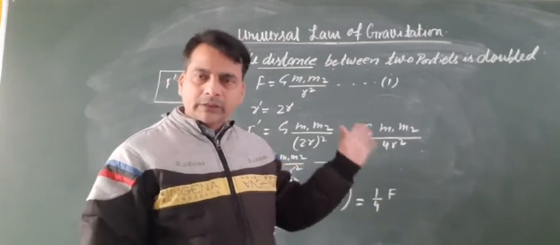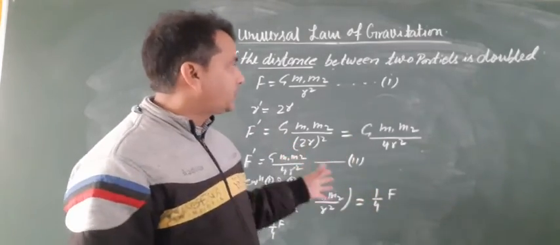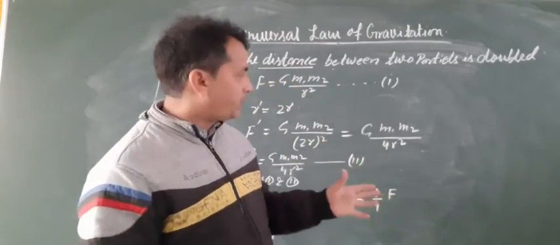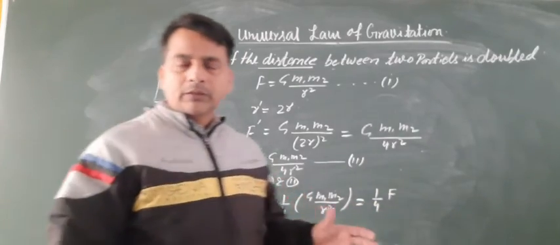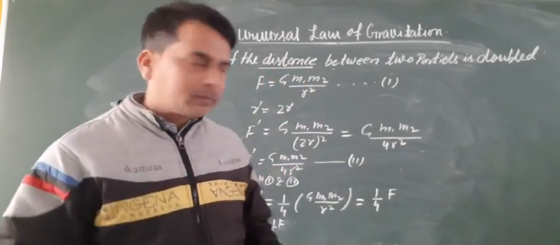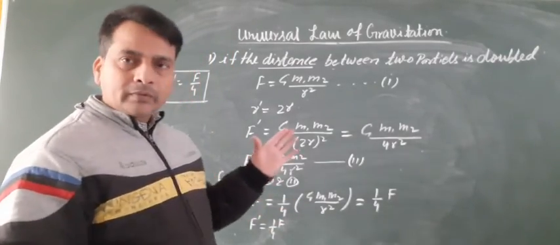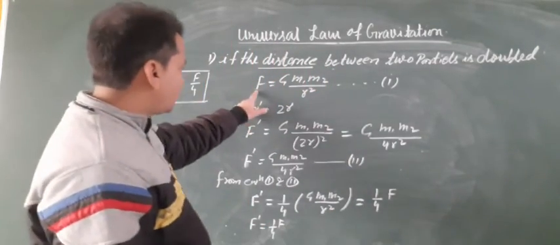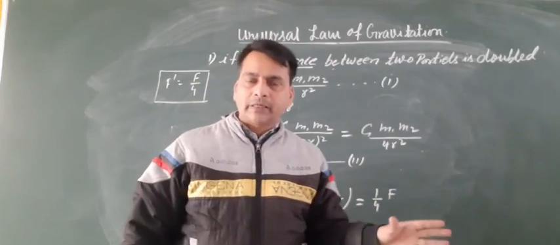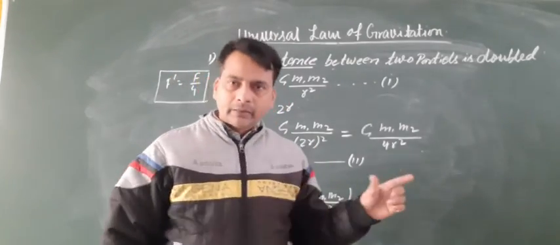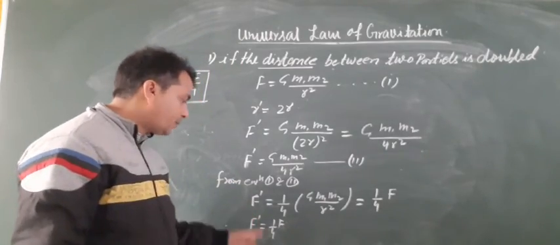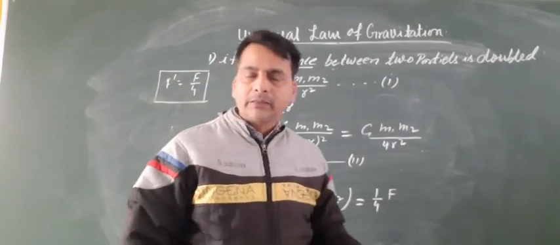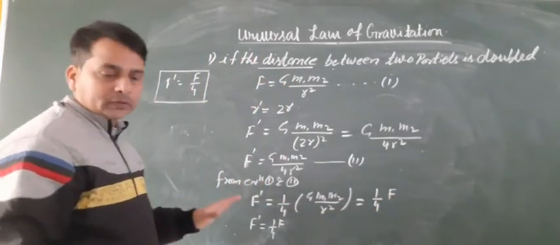So if the distance between two particles is double, the new gravitational force will become 1/4 of the gravitational force. Means if the gravitational force is F and we double the distance from their center, the new gravitational force, suppose F dash, is F dash equal to F by 4.